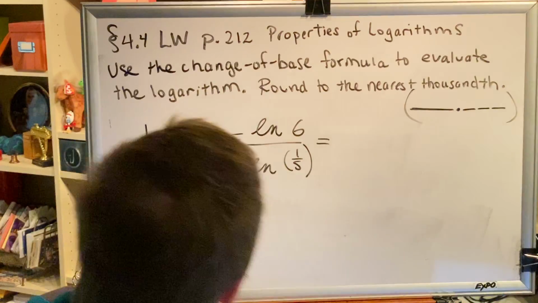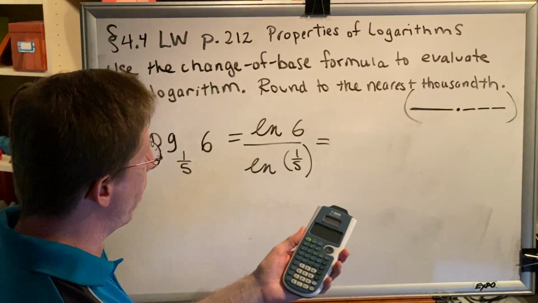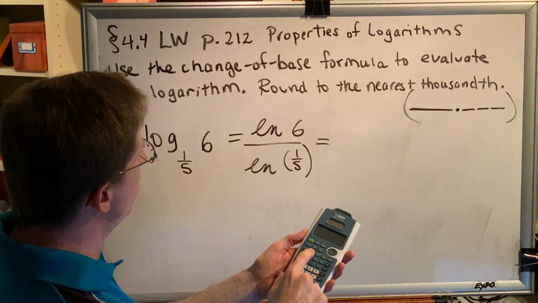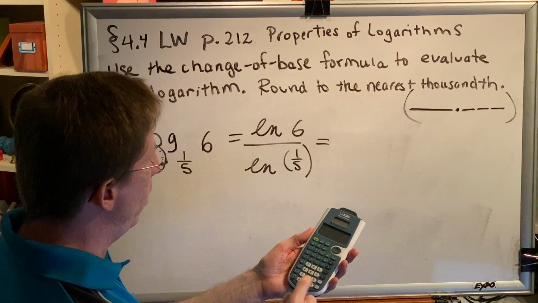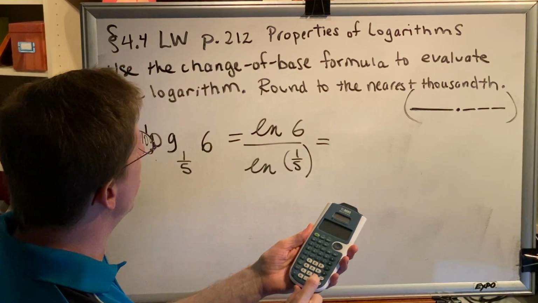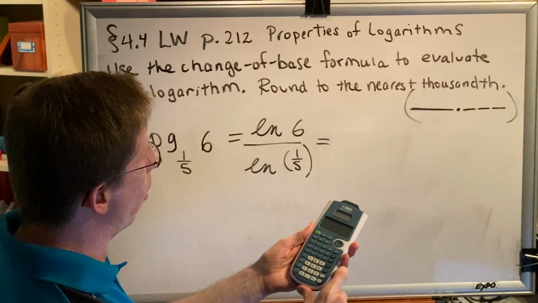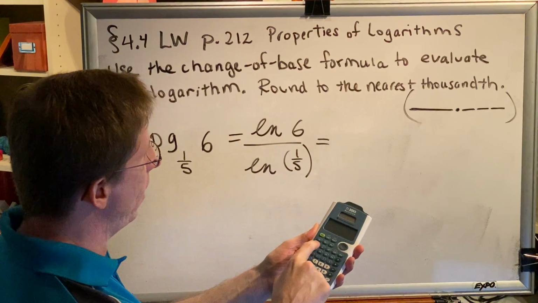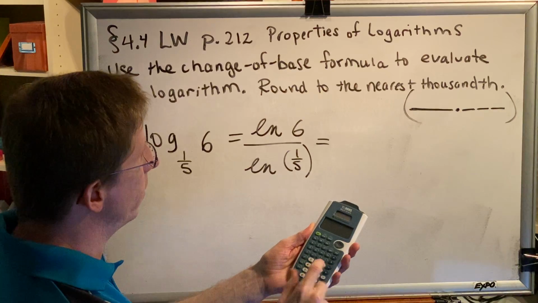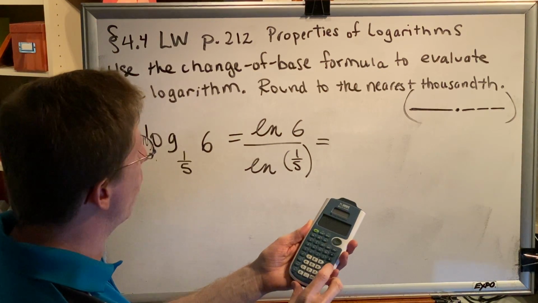Okay, putting this in the multi-view, I'll talk my button choices out loud. First, make a fraction, n over d. Then, natural log, it gives me a starting parenthesis. Hit 6, close parenthesis, down arrow. We're now in the denominator. Hit natural log, it gives me a starting parenthesis. Hit the fraction button, n over d.